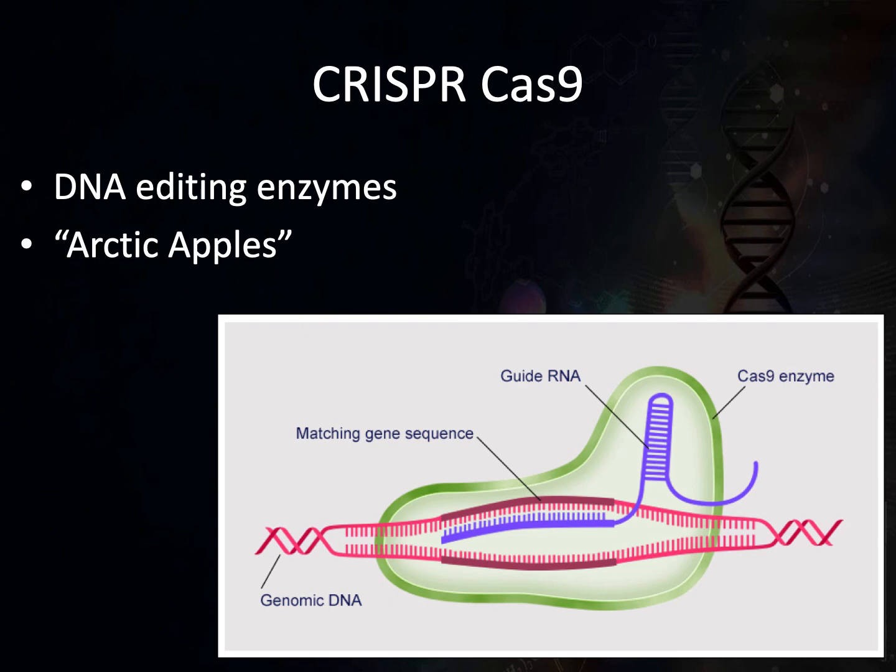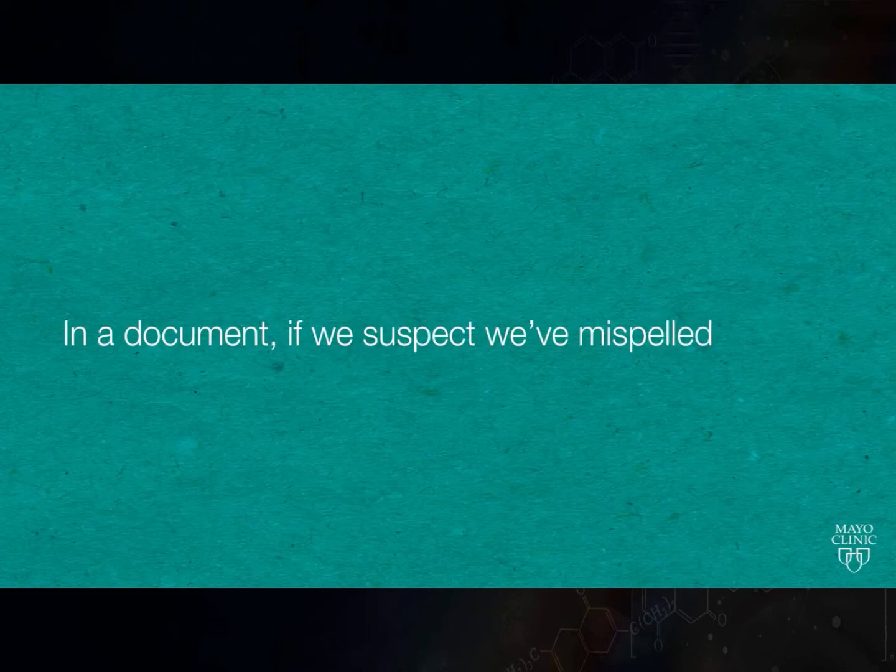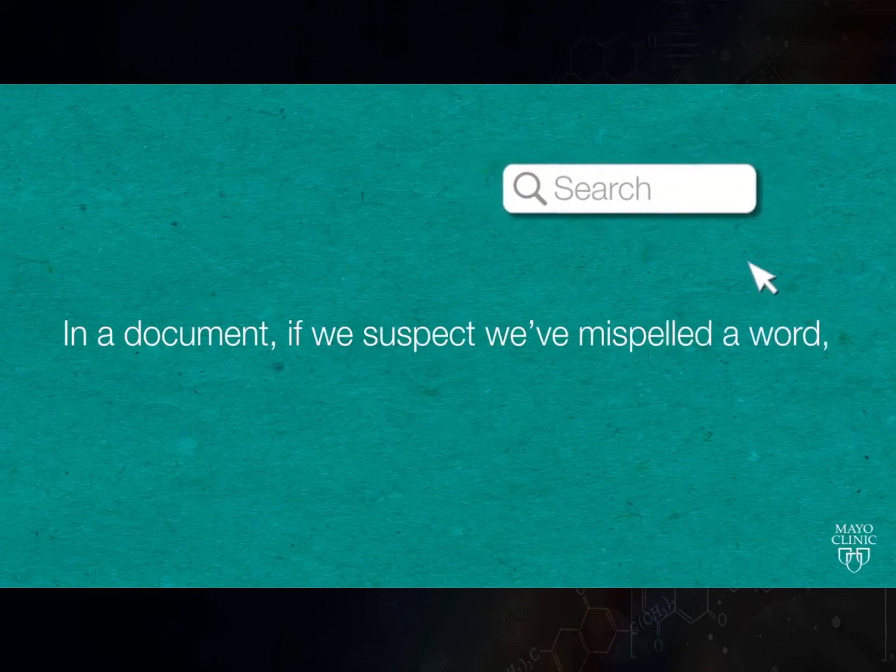Here's a short little video to kind of show you how that sort of plays out. In a document, if we suspect we've misspelled a word, we can use the find function to highlight the error and correct it or delete it.